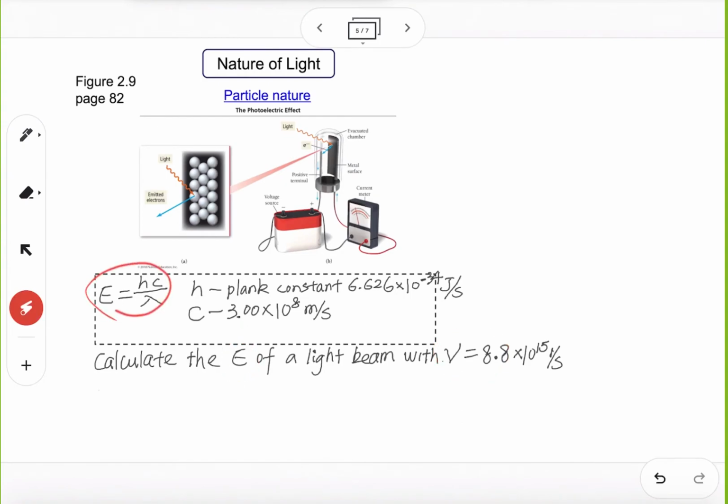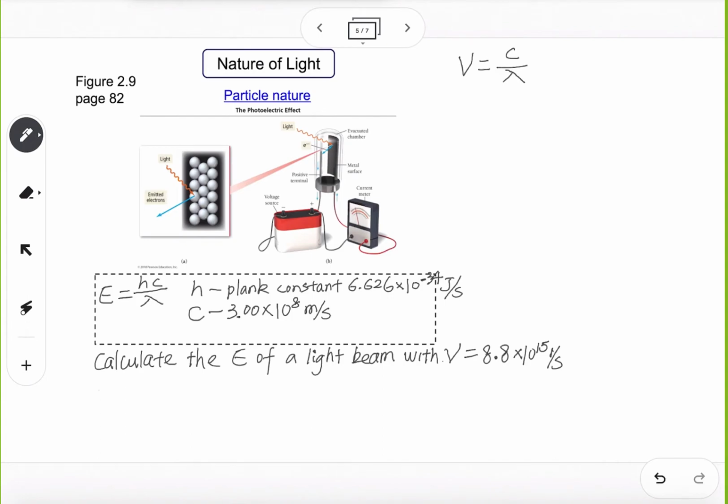Well, this equation only gives us the connection between the energy and wavelength. So how do we use the equation? In other words, this equation cannot be used directly to solve this question. Well, no panic. Let's remember what we learned in the previous slides. We learned this equation, nu equals c over lambda.